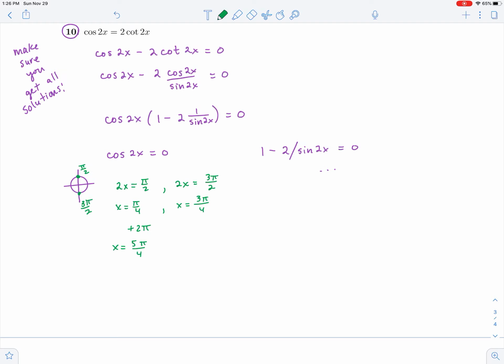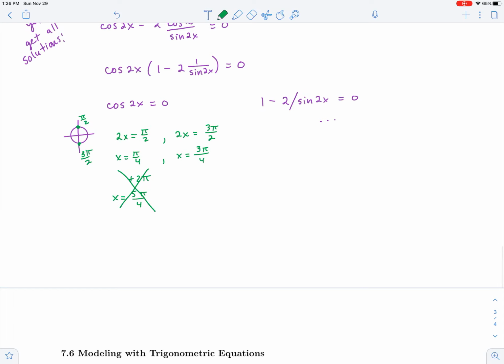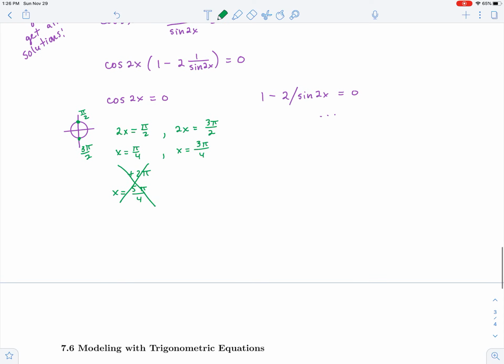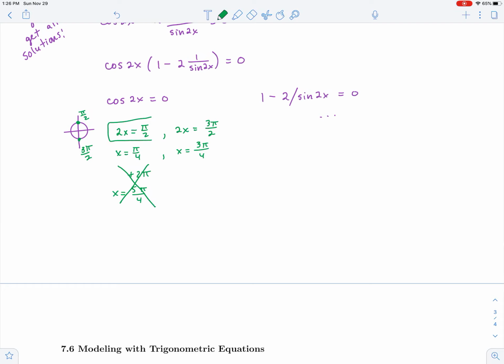Let me cross that out because I really didn't want to add 2 pi. I really wanted to add pi. So that's the problem. Let me go back. I want to add 2 pi at this step because originally, I want to add 2 pi so that we go around once and then stop here.